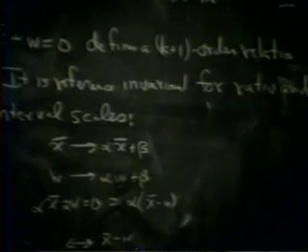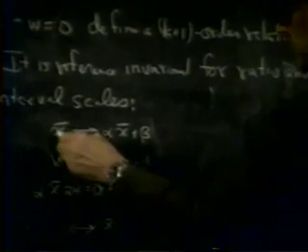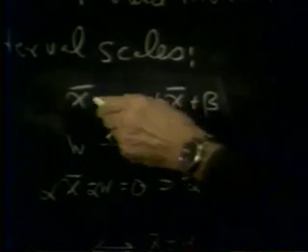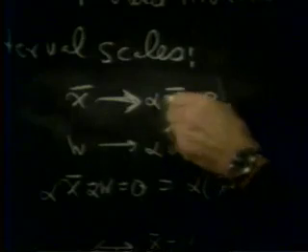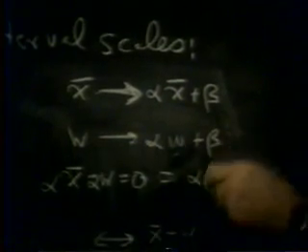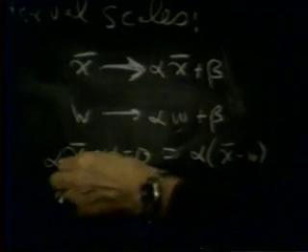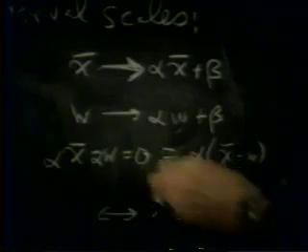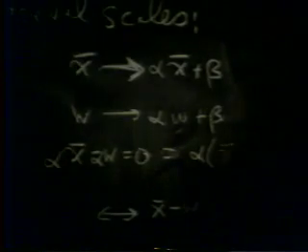The reason being that x bar under an interval transformation would go into alpha x bar plus beta, and w would go into alpha w plus beta. Therefore, looking at alpha x bar minus alpha w, let me write it a little more carefully.